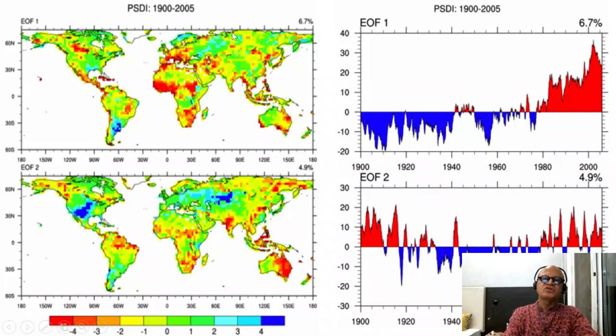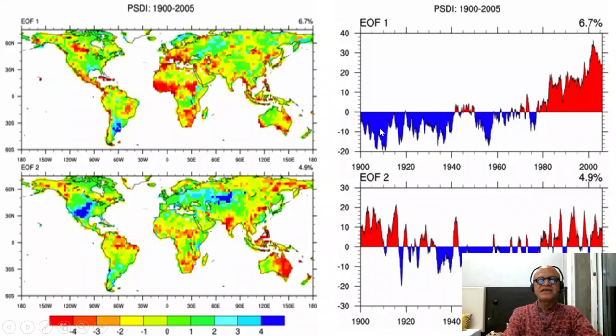So the most dominant pattern here is explaining 6.7% of the total variance in the signal of the Palmer Drought Severity Index, PDSI. And the second EOF is explaining about 5%.